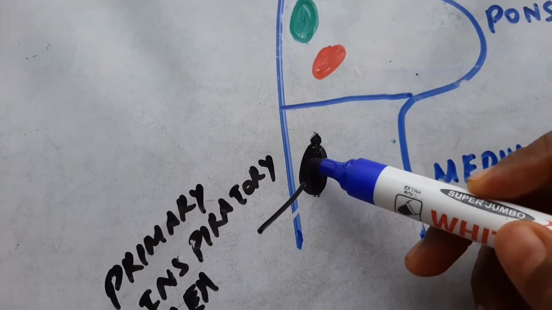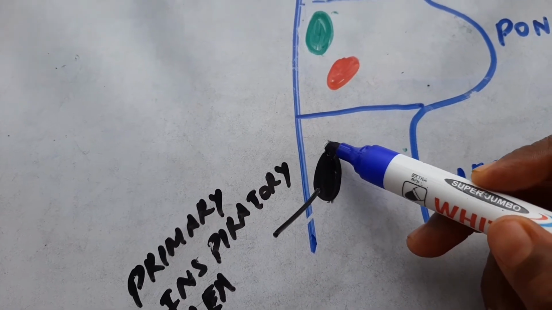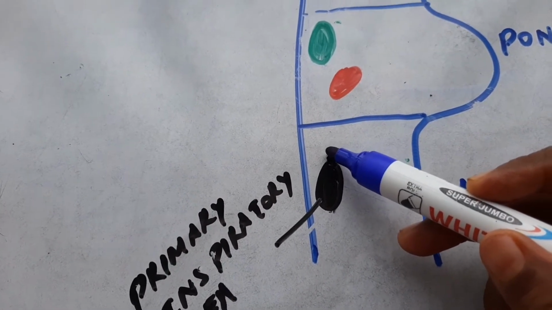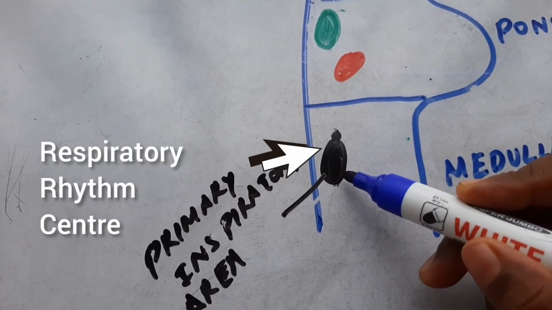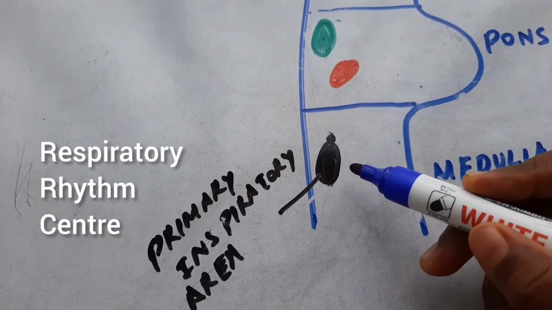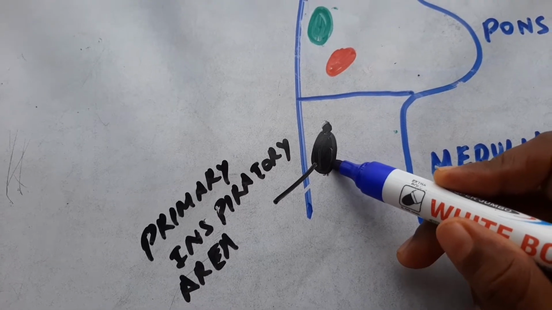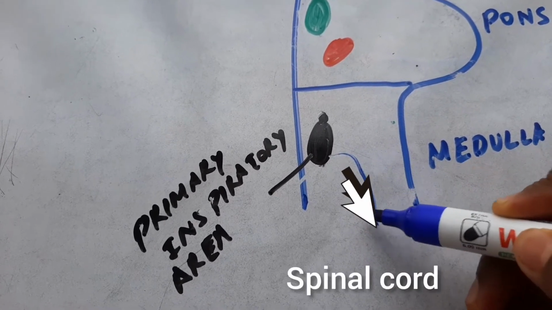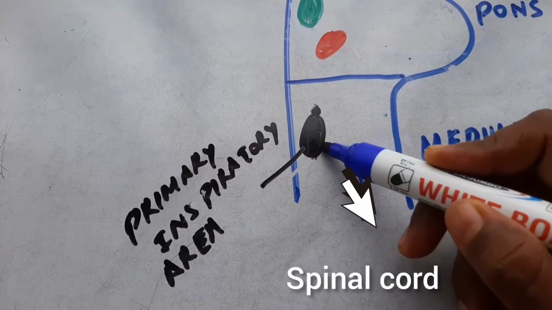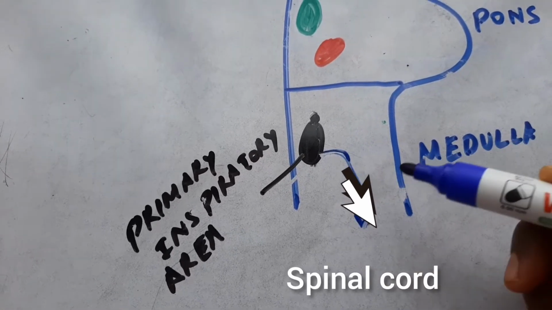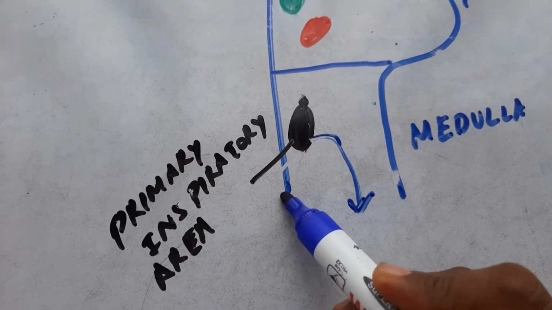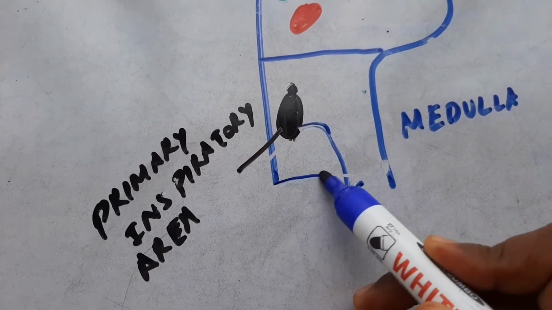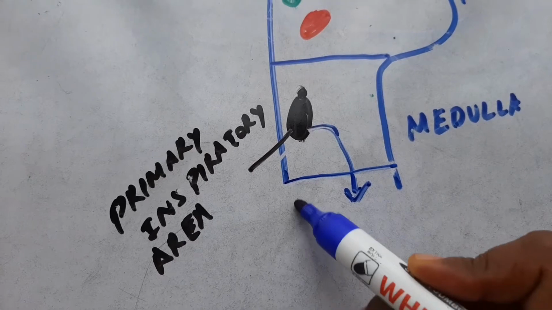It has both the inspiratory area as well as the rhythmic center, or the rhythmicity is controlled by this area. Once the electrical impulse is generated, the impulse goes down in the spinal cord to activate the respiratory muscles for the normal respiration.